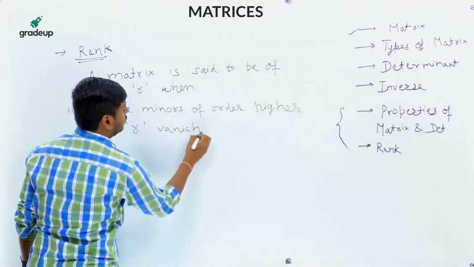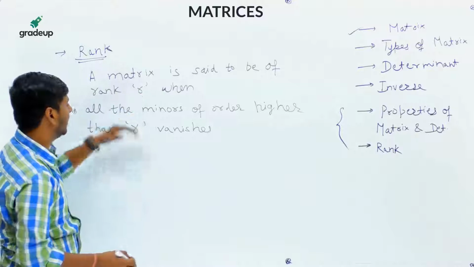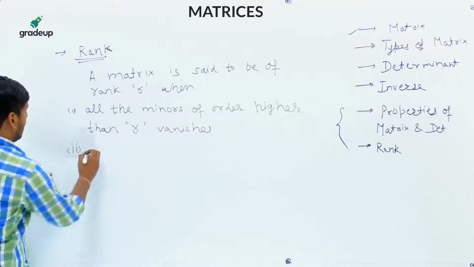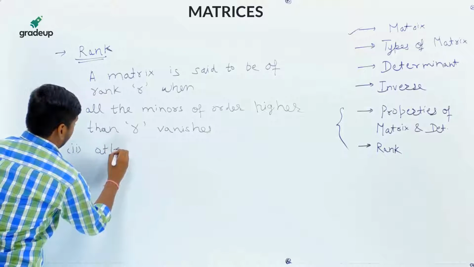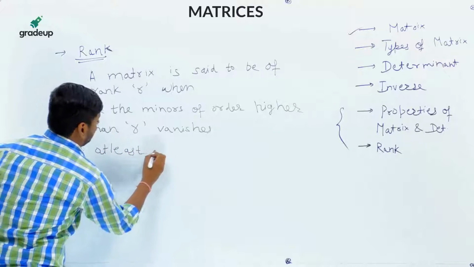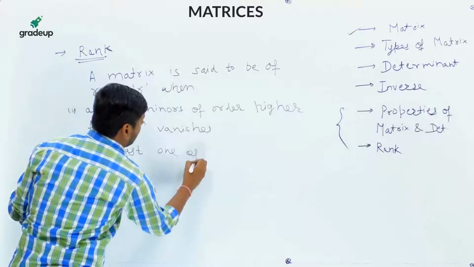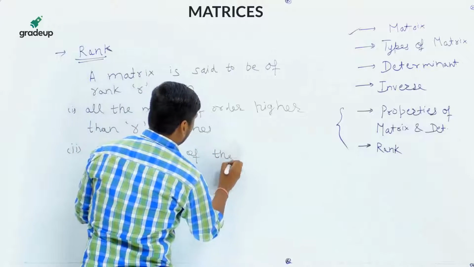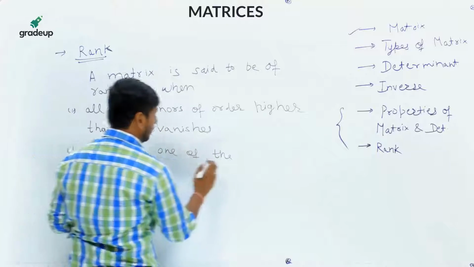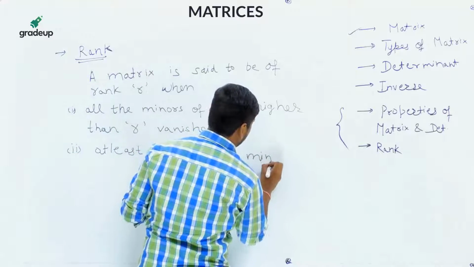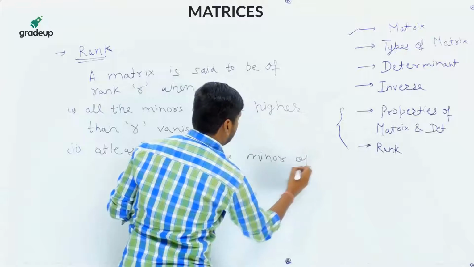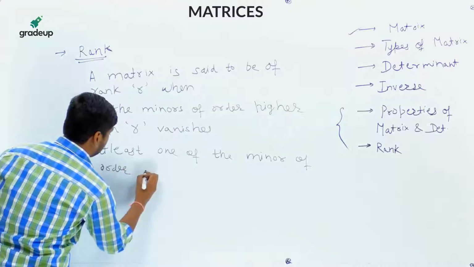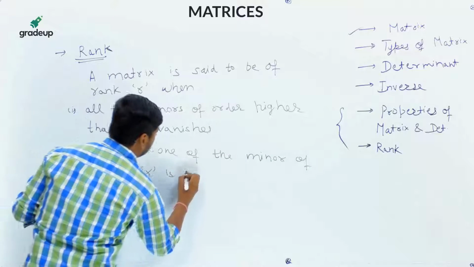I will explain these 2 points in detail after writing them. And the second point is, at least one of the minors of order R should be non-zero. At least one of the minors of order R is non-zero.